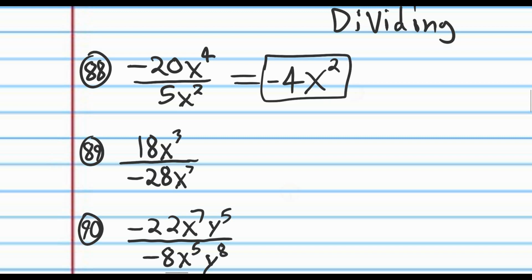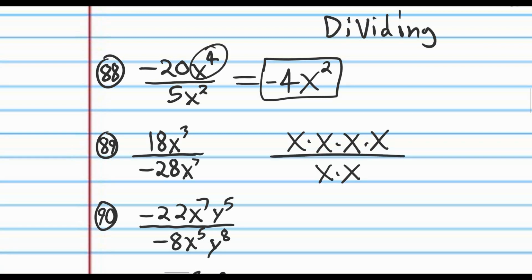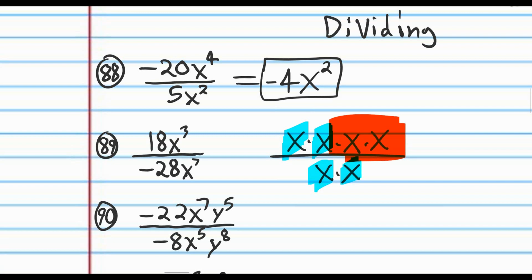Another way of thinking about it is you're multiplying 4 x's on the top and you're multiplying 2 x's on the bottom, because that's what powers mean. You're multiplying the x's. And these 2 x's here, they cancel out, leaving 2 x's in the top. So that's another way to think about it.